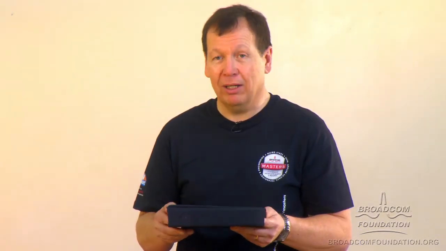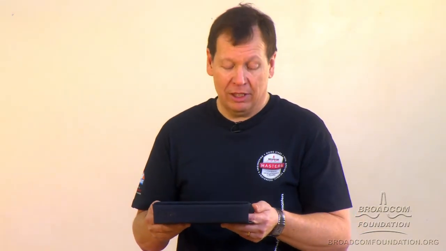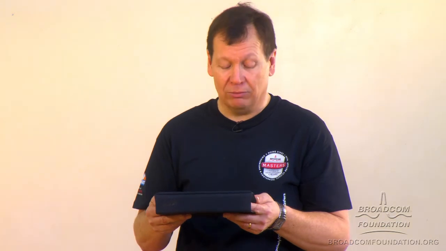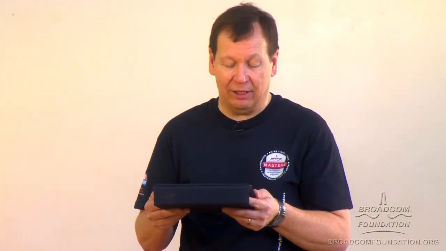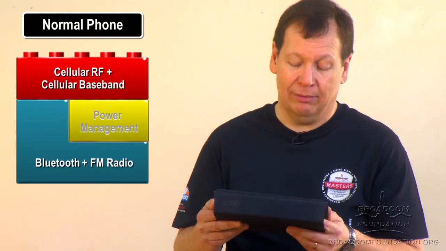And the devices we build are typically systems on chip. And I can use the example of a mobile phone. You may remember simple mobile phones, which only had a cellular baseband, power management, and a Bluetooth and FM radio in.